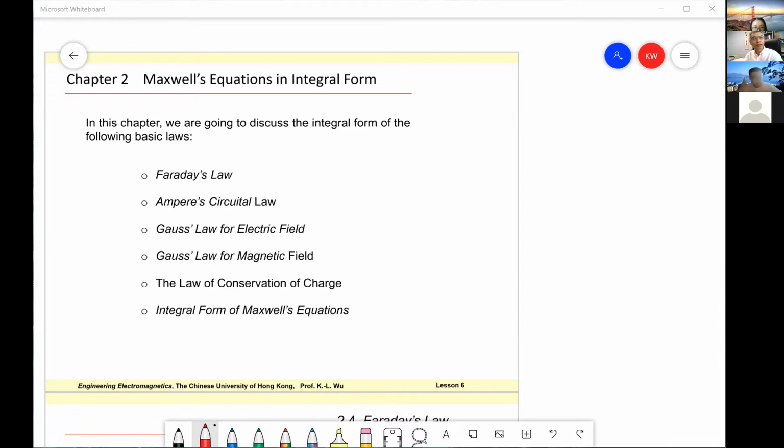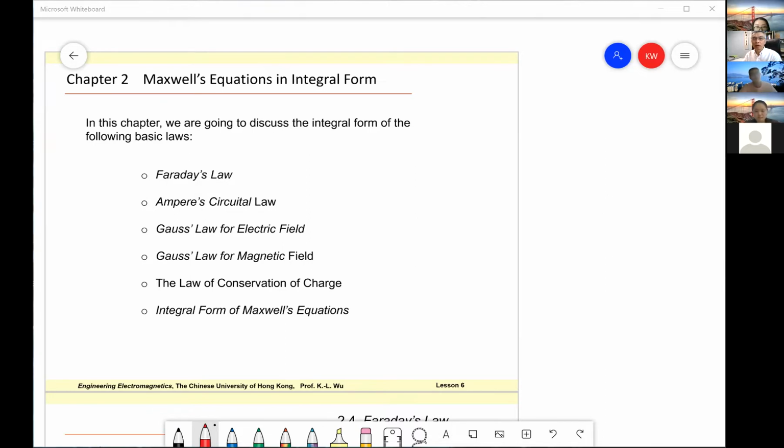Okay, let's continue the discussion of the integral form of Maxwell equations. Now we know Maxwell's equations are basically a summary of a series of experimental results, right?